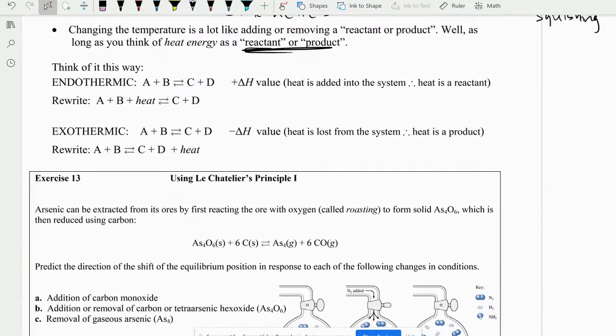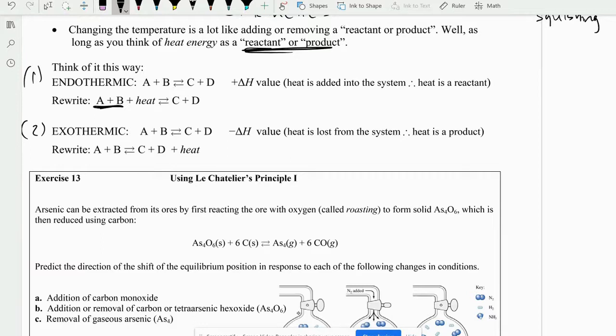Here are your two types of reactions. We've got endothermic and we've got exothermic. You remember that in an endothermic reaction, whatever we're defining as our system, heat energy is going into that system. So if you take a look at the generic reaction, A plus B yields C plus D, A and B are the reactants, and heat energy needs to go into those reactants in order to produce the products.